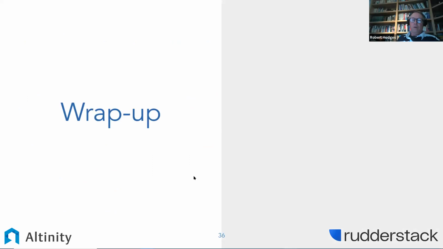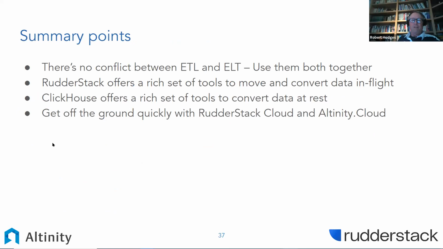So with this, we're pretty much done with the content. Let's just summarize very quickly. So the cage fight between ETL and ELT, you can still do it if you want, but it's not necessary. The best thing to do is to use these tools together. They fit well hand in glove.